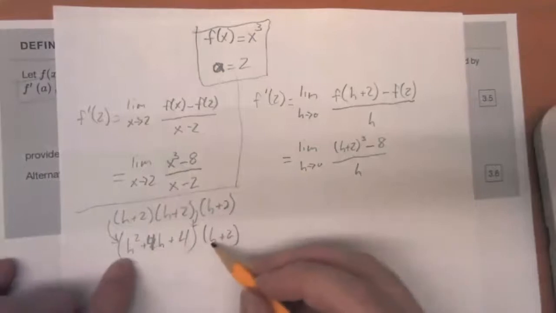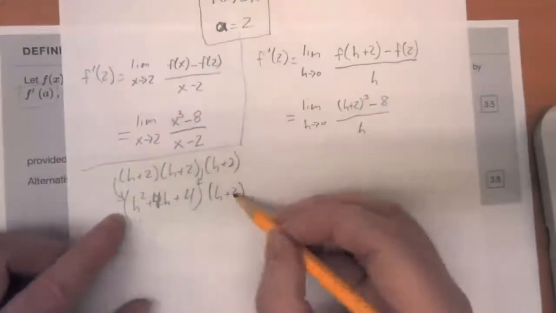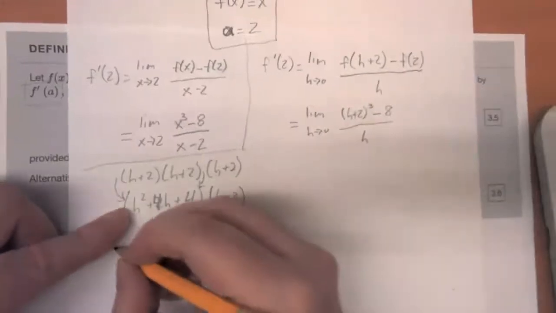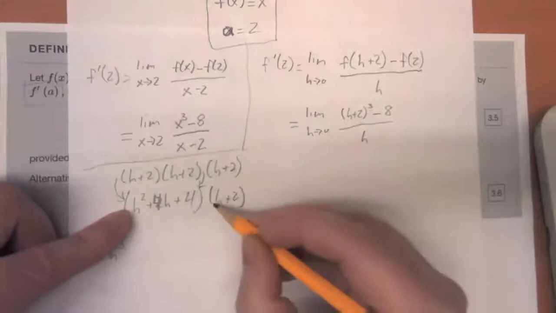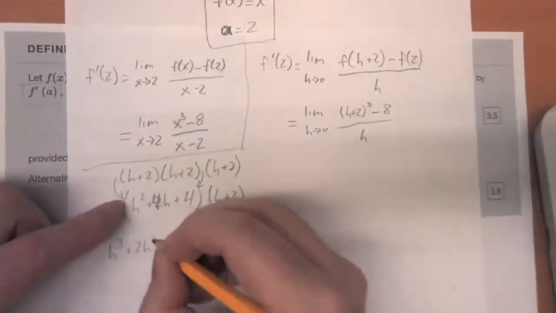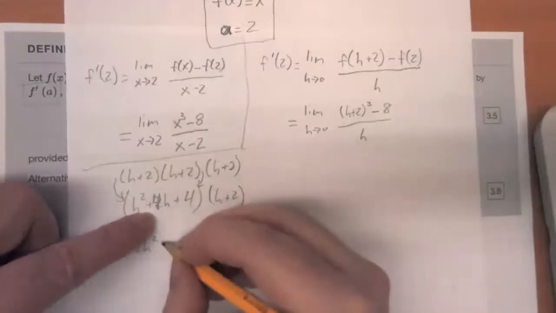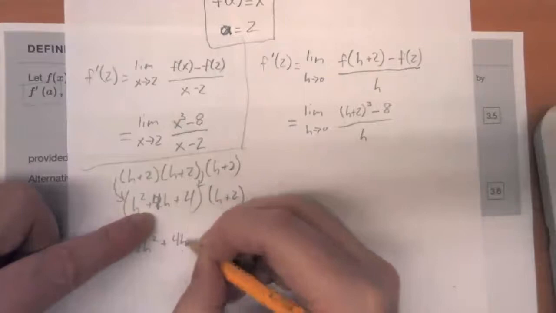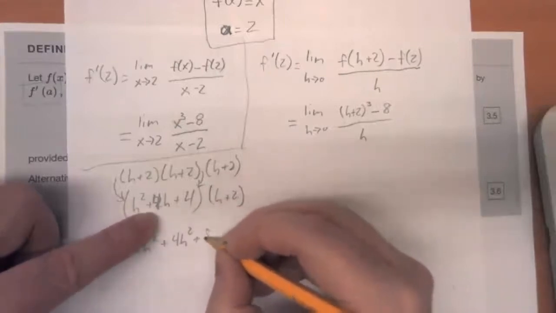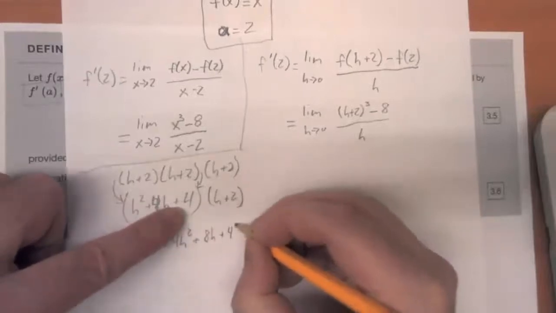So what I'm going to do here is use kind of the FOIL technique, except with my fingers. So the first term, h squared times h, is h cubed. H squared times 2 is 2h squared. And then 4h times h is 4h squared. 4h times 2 is 8h. 4 times h is 4h.